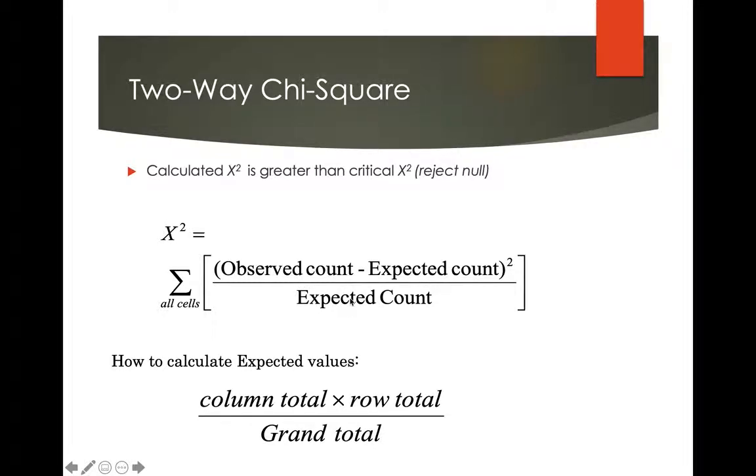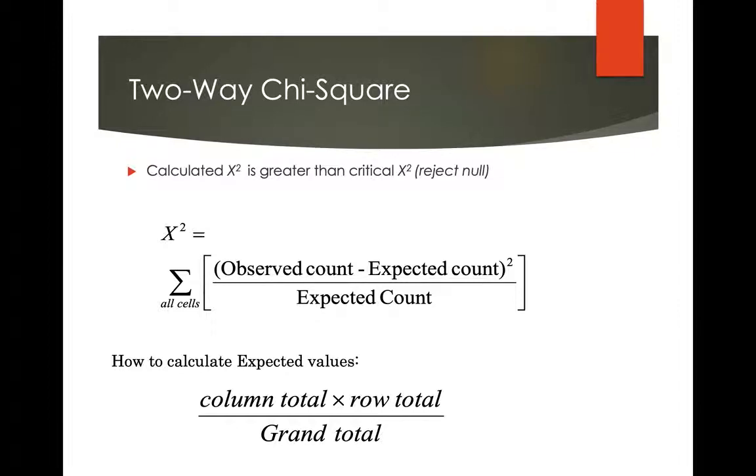One of the differences between our chi-square one-way and our two-way is how the expected values are calculated. In the two-way chi-square test, the expected values are calculated by multiplying the column total by the row total divided by the grand total. And we do this using what we call a contingency table.